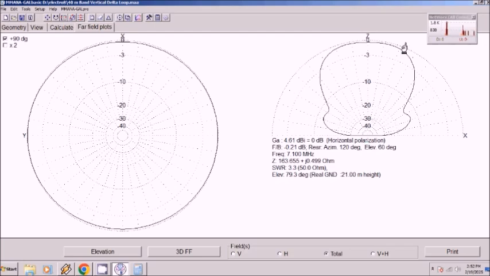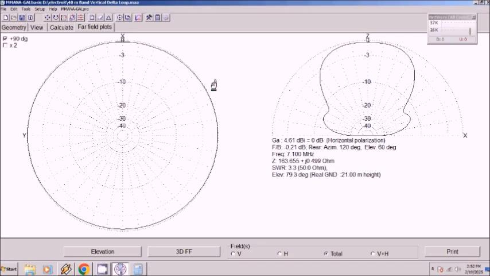You see the maximum gain here climbs up at 60 degrees from the ground. Yeah, this is the performance of this delta antenna.